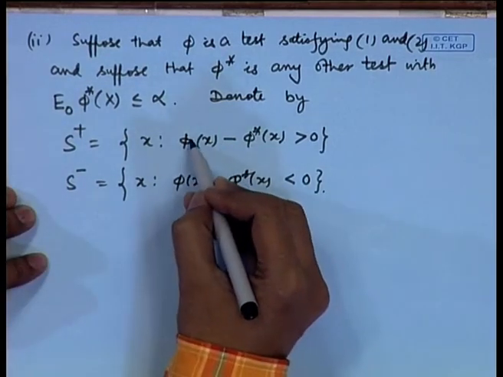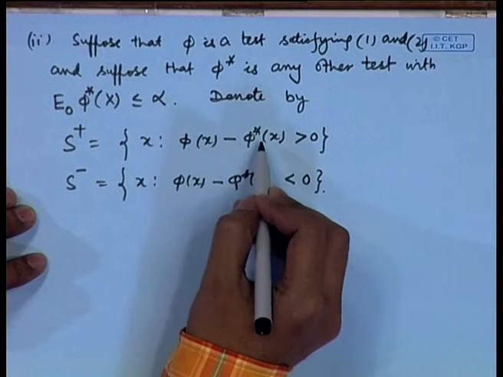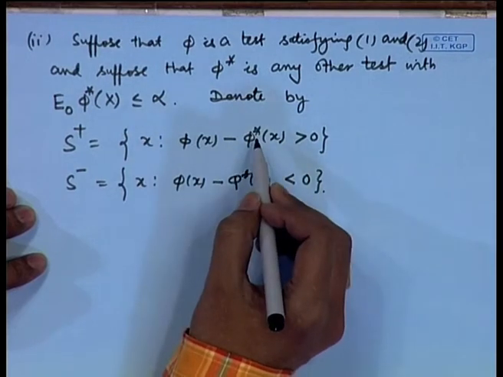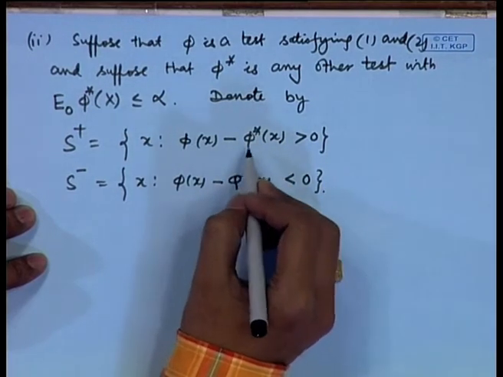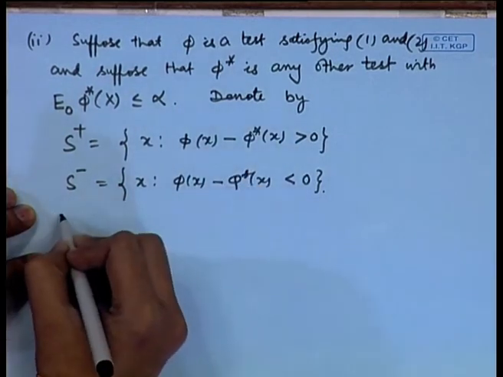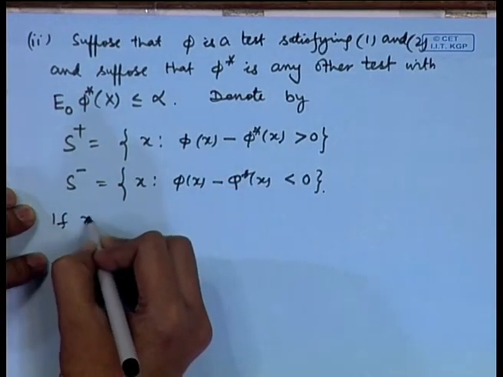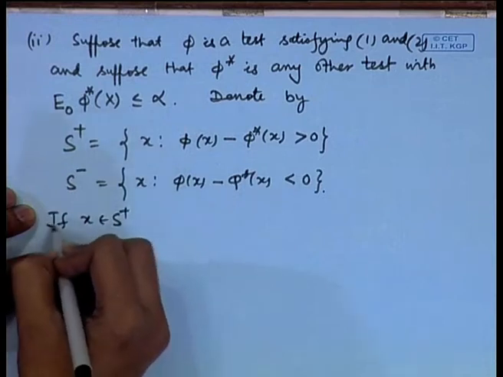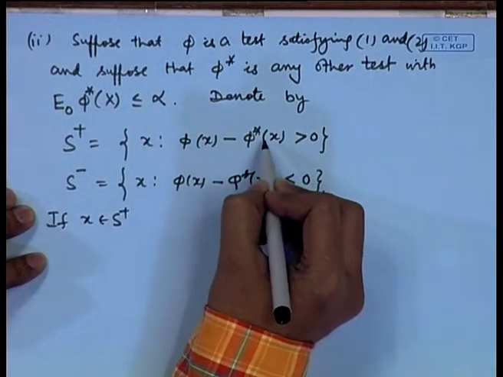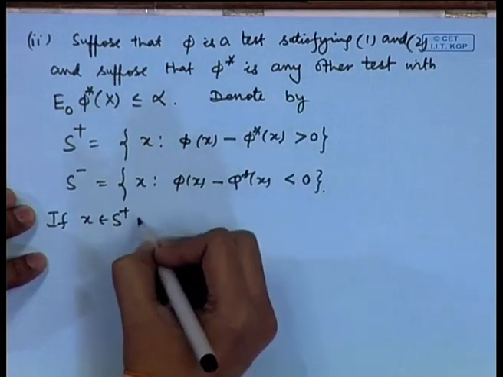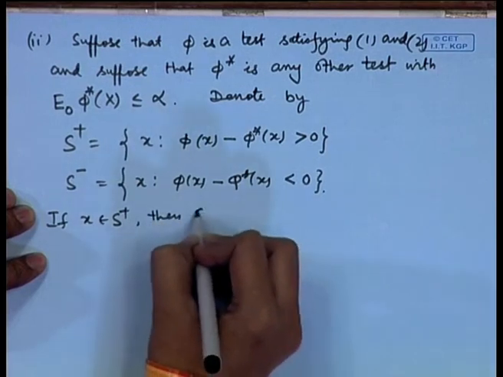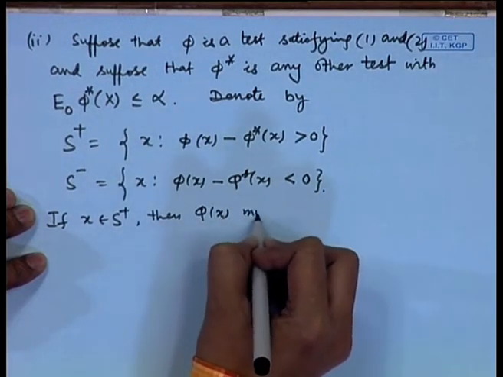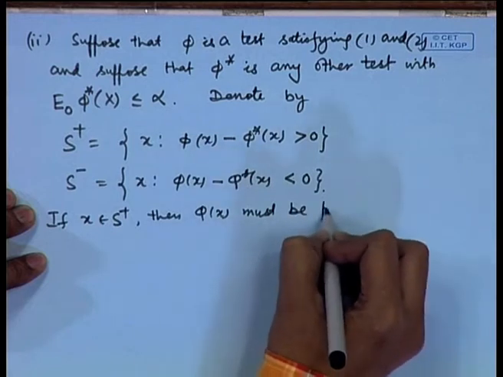Now, these two are test functions. So, both phi and phi star take values 0 or 1 or between 0 and 1. So, if x belongs to S plus, then phi x is strictly greater than phi star, so phi x must be positive.